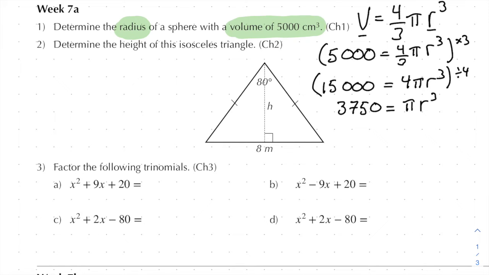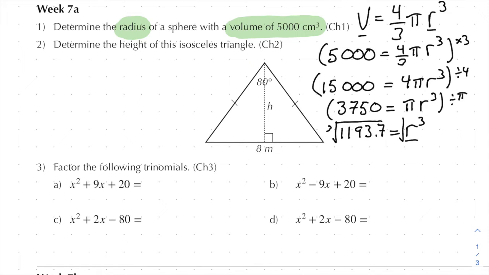Now I want to get rid of the pi, so I'm going to divide everything out by pi. That will get rid of the pi. And going to my calculator, I divide by pi, and I get approximately 1,193.7. Now that's equal to my radius cubed, so finally I have to cube root everything.